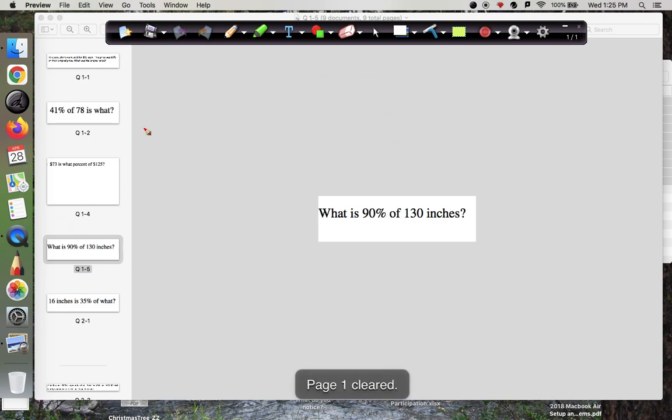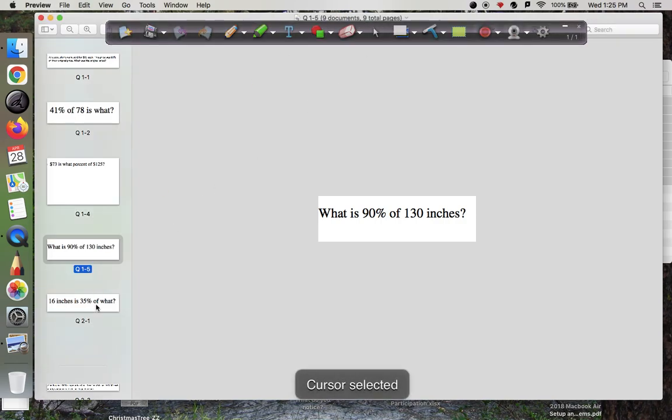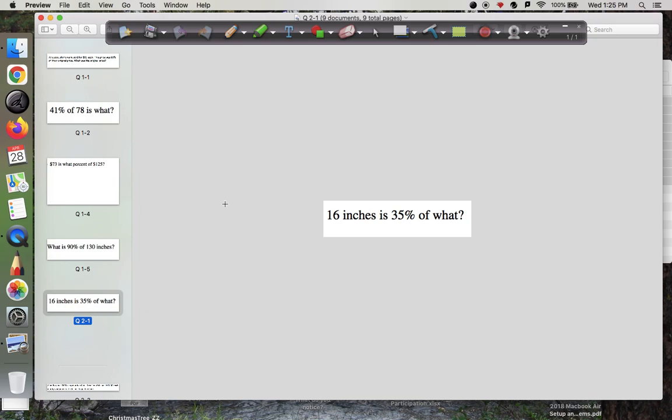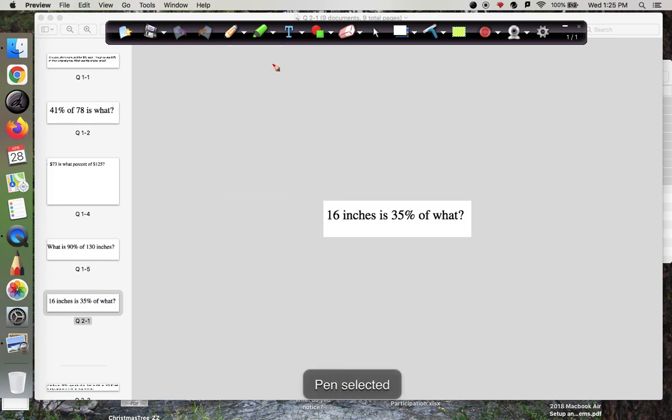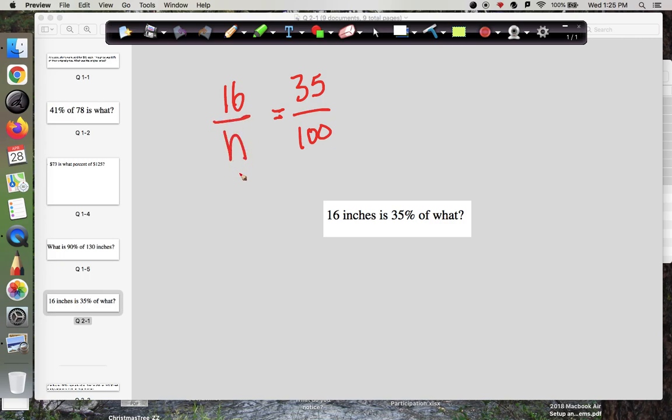Now we're on to the second quiz and the first problem. The second quiz and the first problem was 16 inches is 35% of what? One of the more challenging ones. I'm going to set up a proportion and show the steps. 35% looks like this. 16 inches is part of a whole amount.